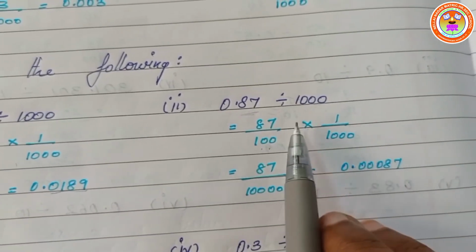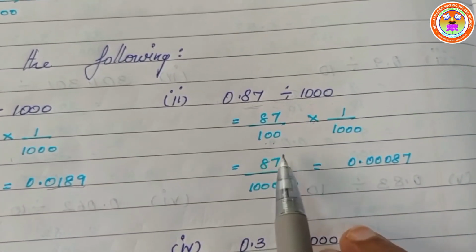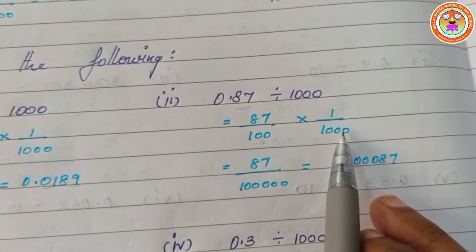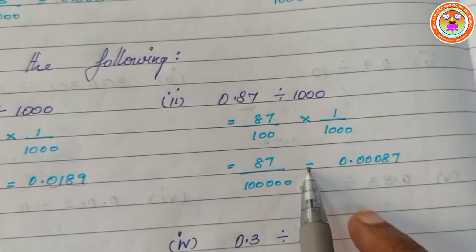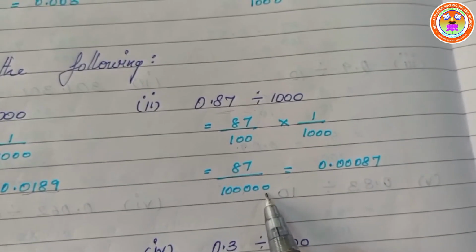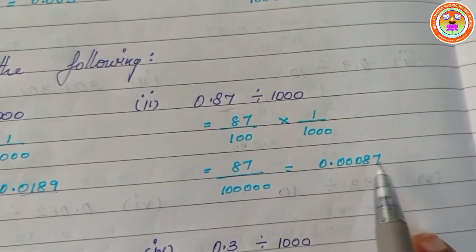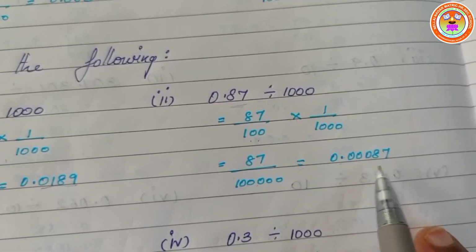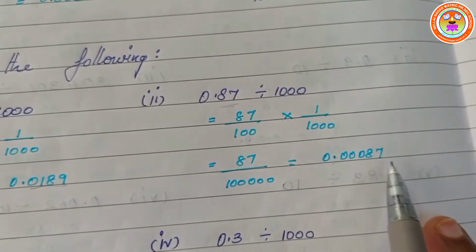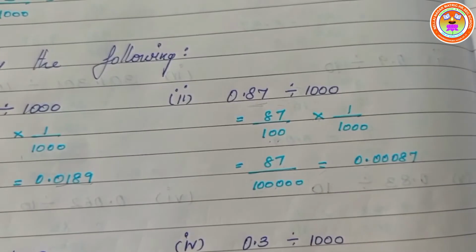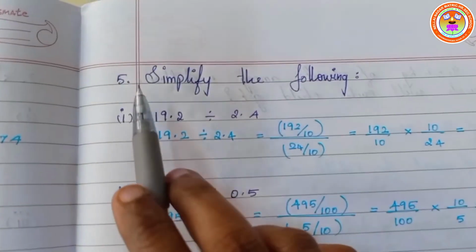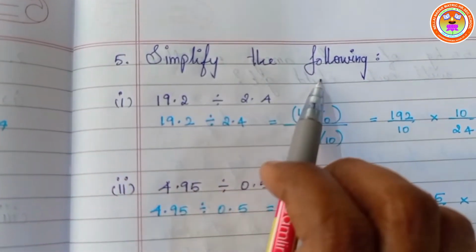Now multiply 87 into 1, 87 into 1 is 87, divided by 100 into 1000 is 1 lakh, that is equal to, since here you have 5 zeros, you have 5 places of decimal value here. Okay, so your answer is 0.00087. Understood now? Understood children? Yes? Now question number 5, simplify the following.